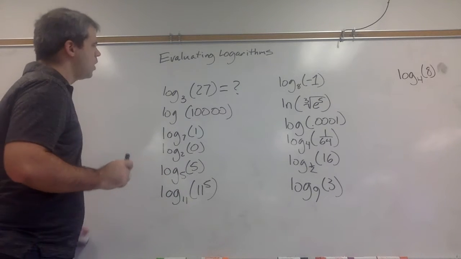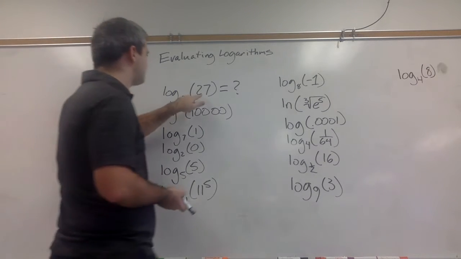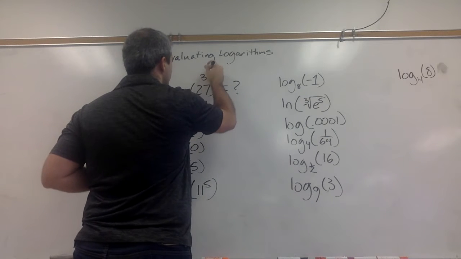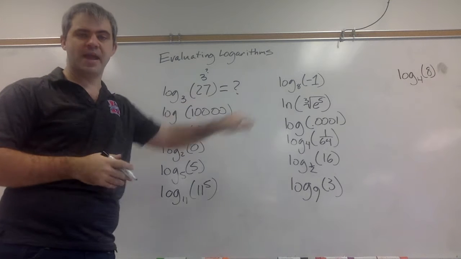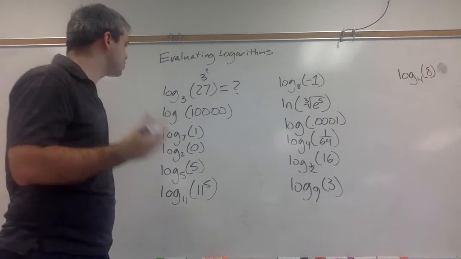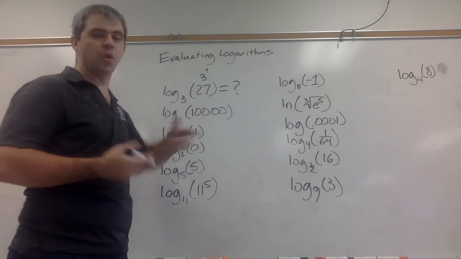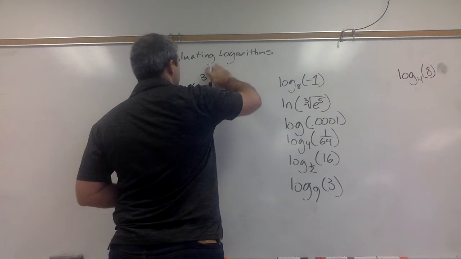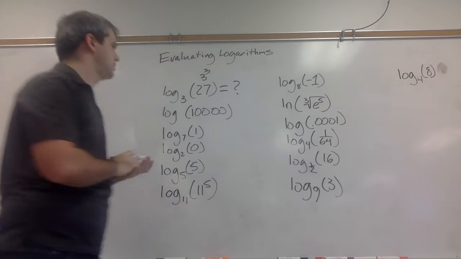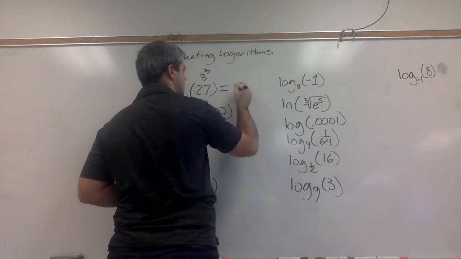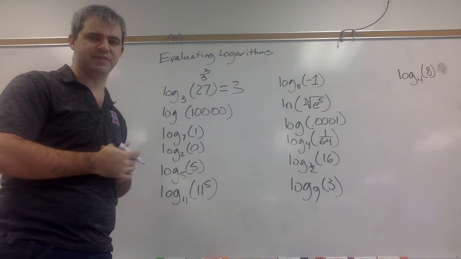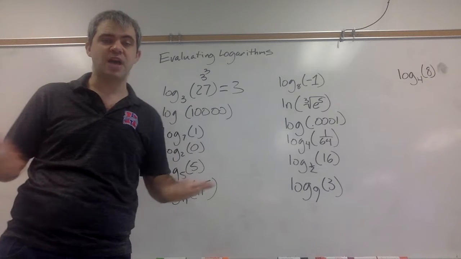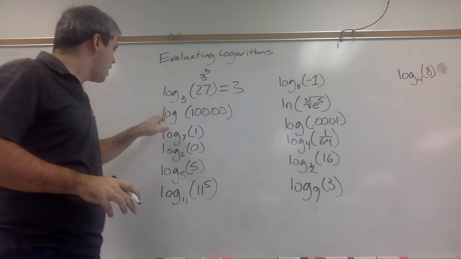So all I have to do is convert this into 3 to the something, and once I do that, I know my answer. In this case, 3 to the what? This would be 3 to the third. So my answer is 3. 3 to the third power gives me 27, and that's how we do all of these.